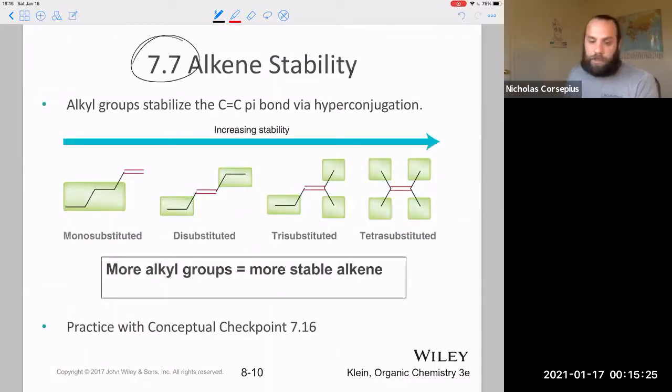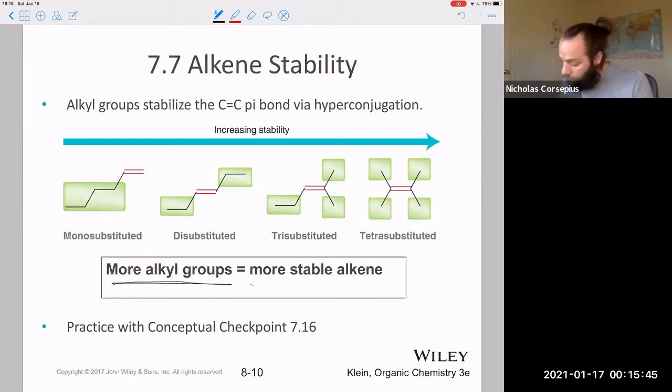Something we talked about in chapter 7 when we introduced alkenes, when we were talking about elimination reactions, is alkene stability. One of the things that we found is that the more alkyl groups, the more highly substituted an alkene is, the more stable that alkene is. So what do I mean by that? First of all, notice that my little gradient here is in terms of increasing stability. So what's the difference between these?